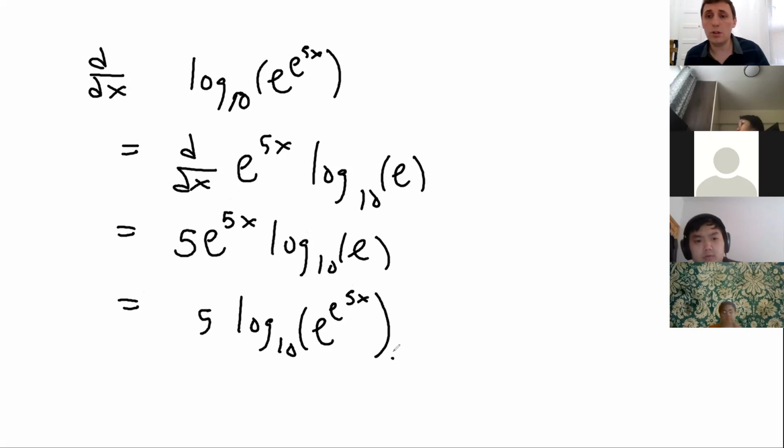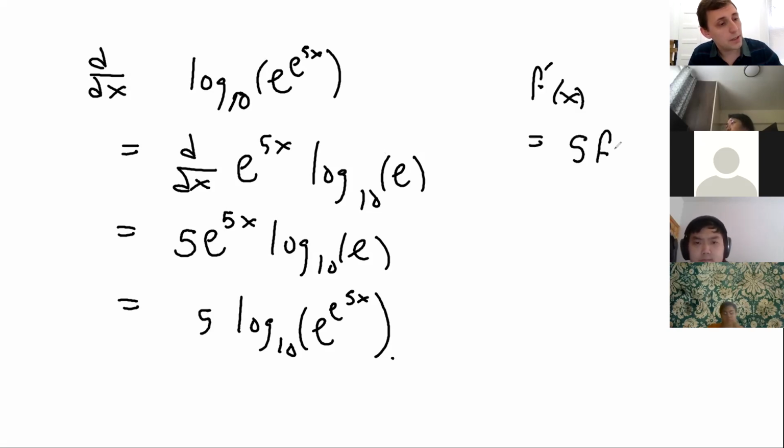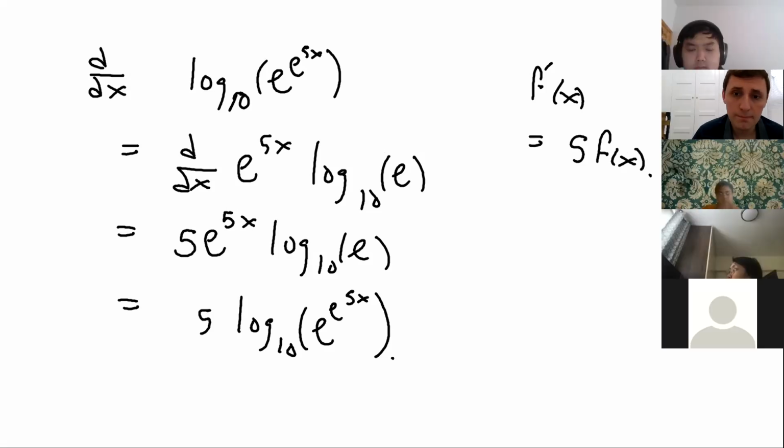Can you tell me, what do you think is this function? Does it have a much simpler looking formula? Because do you see what happened here? The derivative of this function happened to be 5 times the function. Yes? What sort of function is this then? Any ideas what it might look like? What's a sort of simpler formula for it?